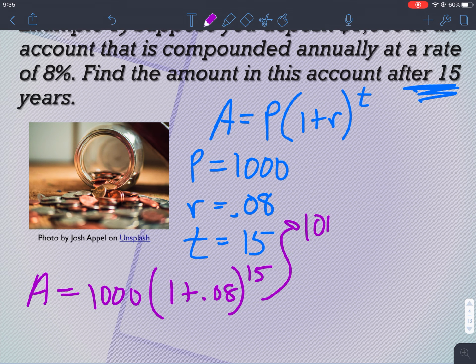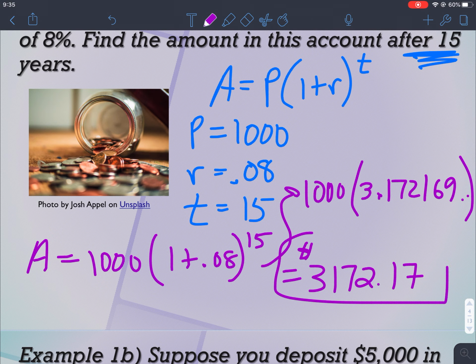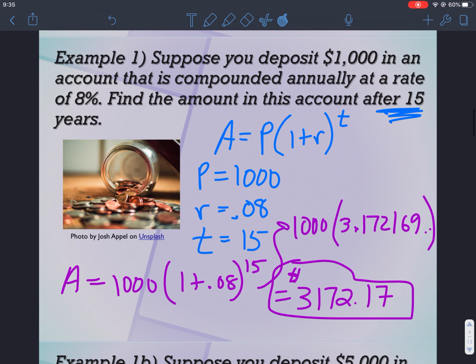So now this is 1,000 times 3.172169. And times 1,000 will give us a future value of $3,172.17. So notice that in 15 years, you have tripled your money at 8%. Not a bad deal.